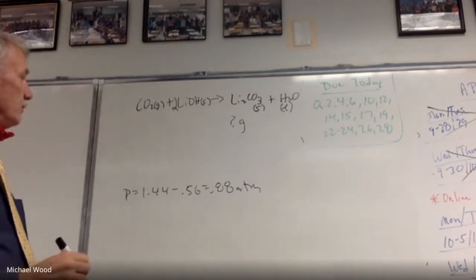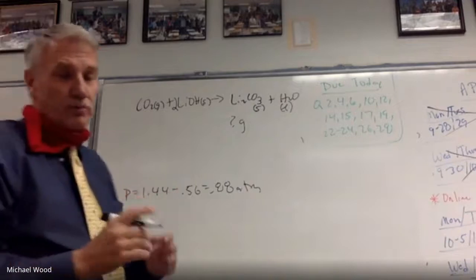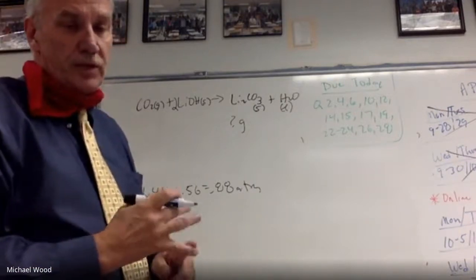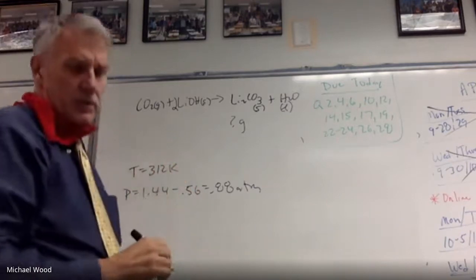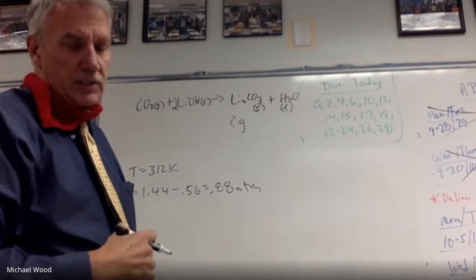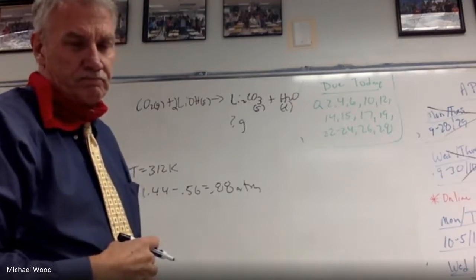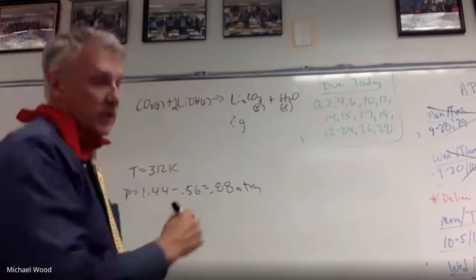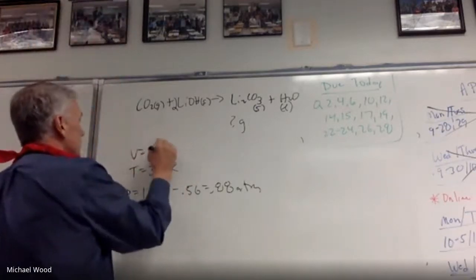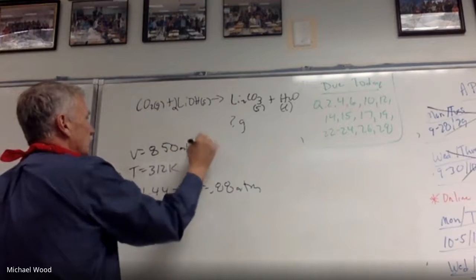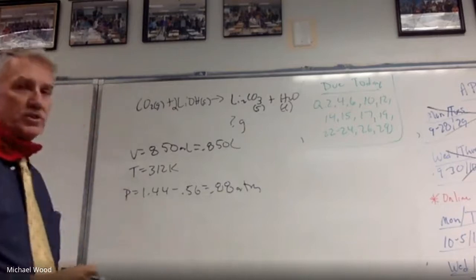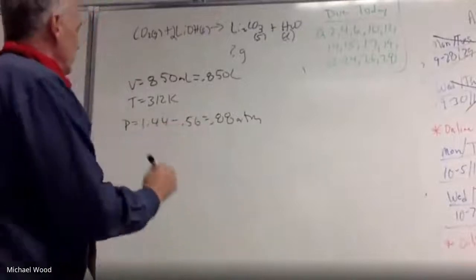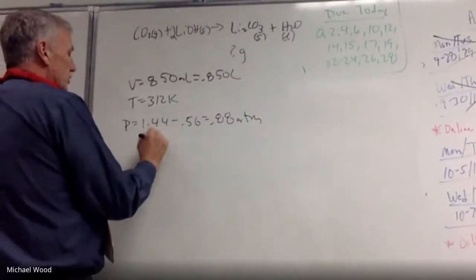So I'm going to go back, and it told me the temperature is 312 Kelvin, and the volume was 850 milliliters. So again, the trick in this problem is that these are the units of pressure that reacted.